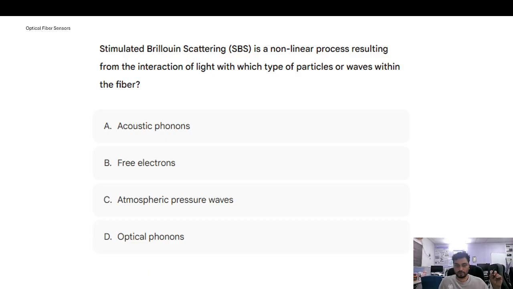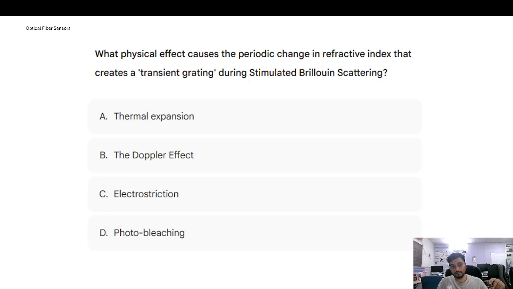So SBS is a nonlinear process resulting from the interaction of light with acoustic phonons within the fiber. Okay, so your answer is correct. Moving towards the next question.